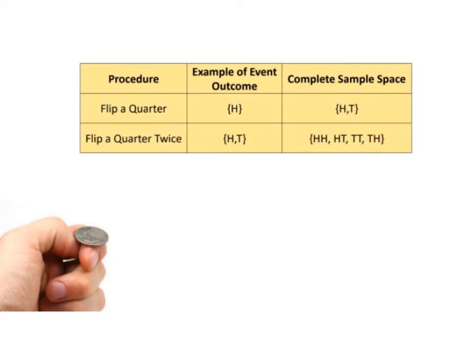And then the sample space is the list of everything that is possible, or everything that could happen. So if we flip a quarter twice, we can list all the possible outcomes. Well, we can get heads twice, we can get tails twice, we can get heads first then tails, or we can get tails first then heads.